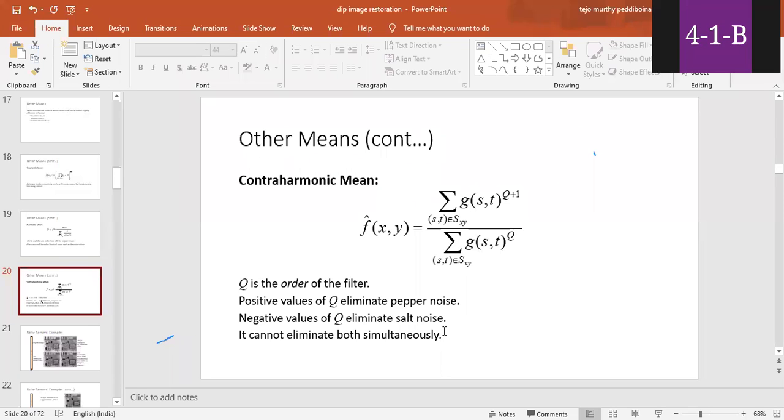So if we take positive values of q, it will eliminate the pepper noise. If we take negative values for q, it will eliminate the salt noise. So one by one we have to do both. Both in parallel we cannot do.